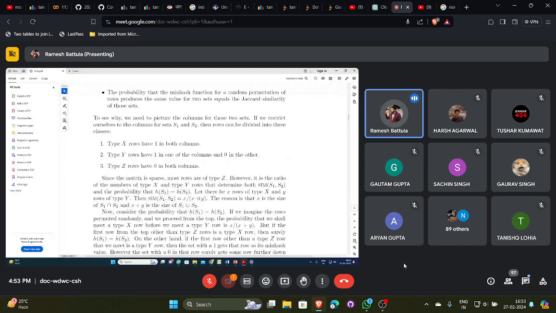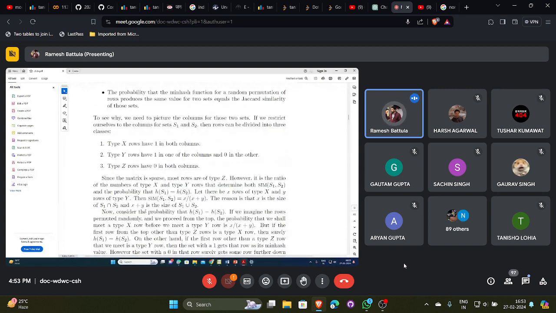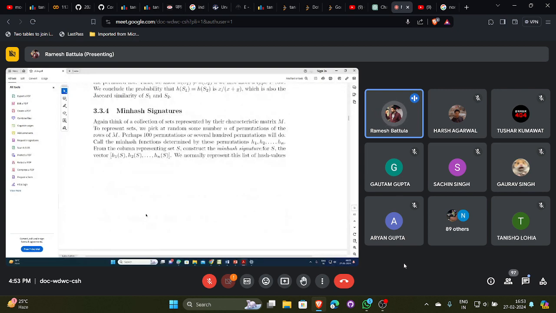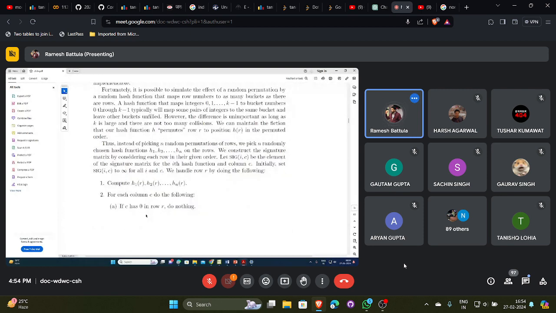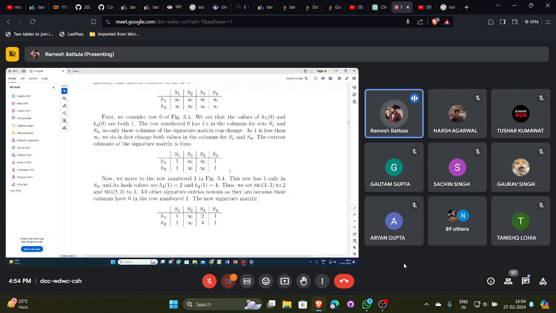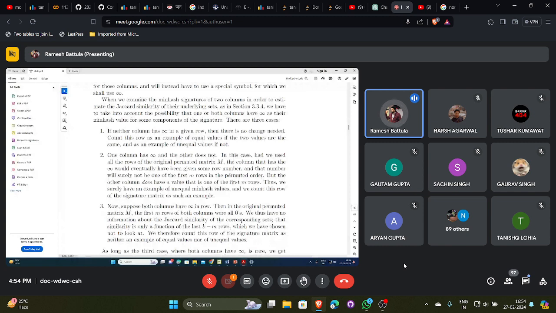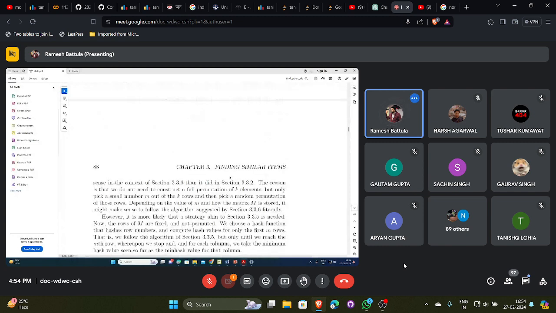Then after that we need to find the Jaccard similarity with min hashing: we are supposed to use the min hash signatures and finally compute the values over here. Tomorrow we will discuss this example in more detail, so that everybody will understand how min hash is computed.